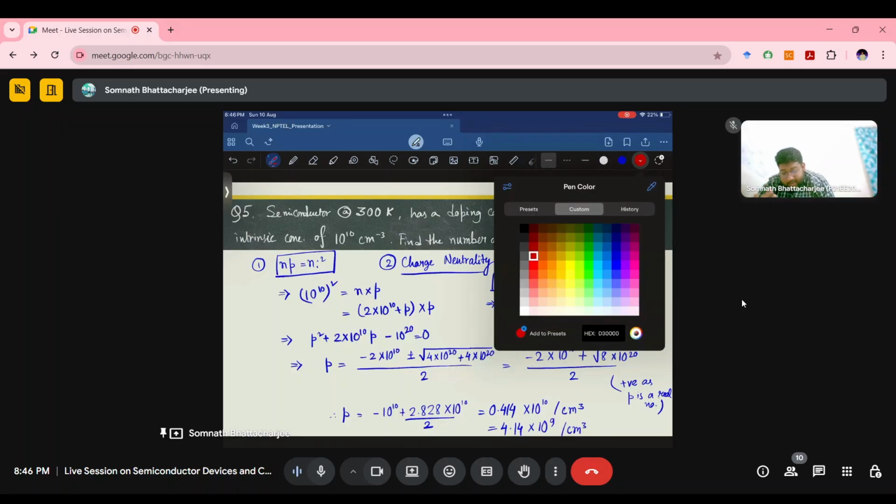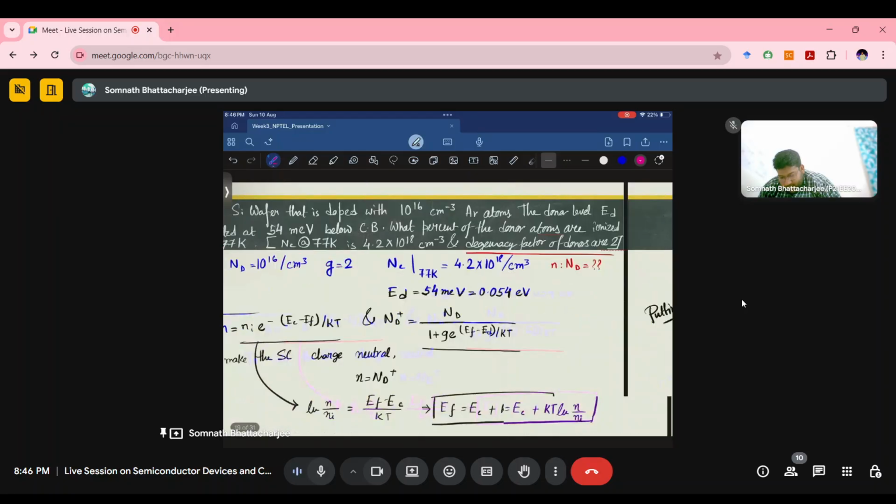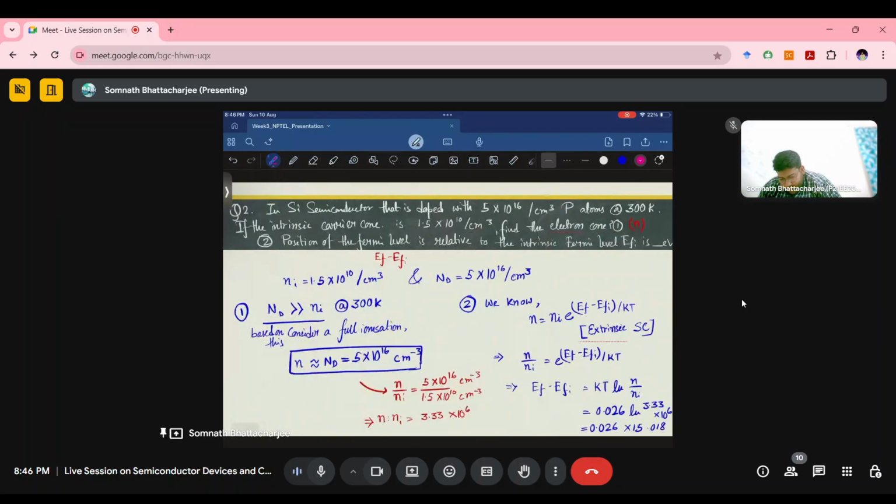In this case, where we considered n equals nd, what was the main motive? Because nd was much higher than ni. nd had the value of 10 to the power of 16, whereas ni has the value of 10 to the power of 10. So 10 to the power of 16 is much higher than 10 to the power of 10. So that's why we can consider n equals nd.